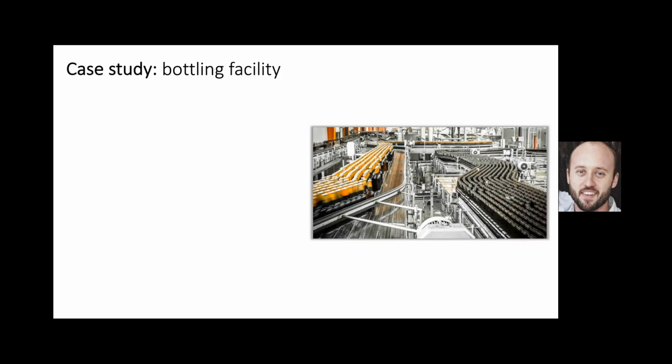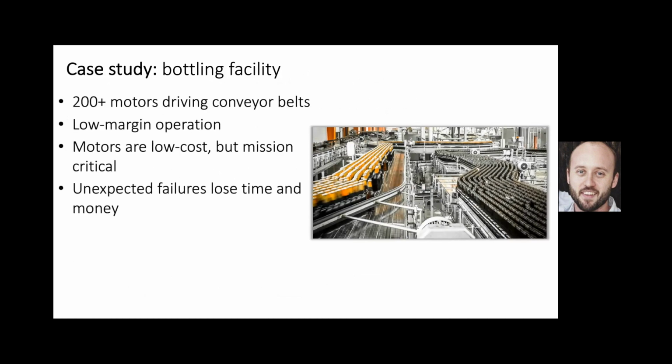So, case study, consider a bottling factory that is a very low margin operation that's running 3 shifts around the clock and is basically requiring the full production capacity in order to generate significant revenue to keep its doors open and keep its lights on.